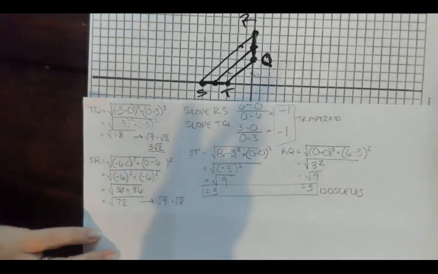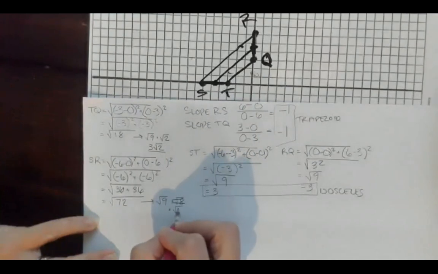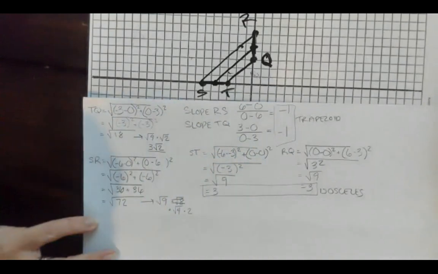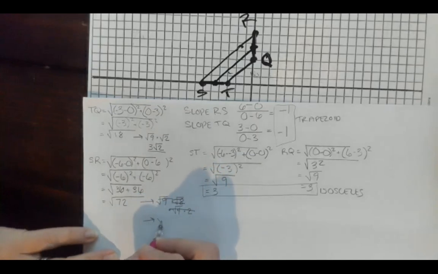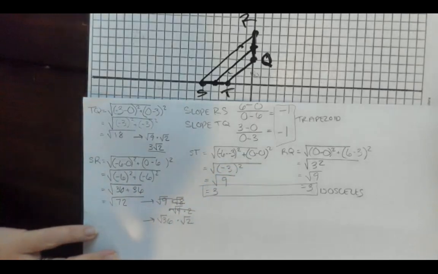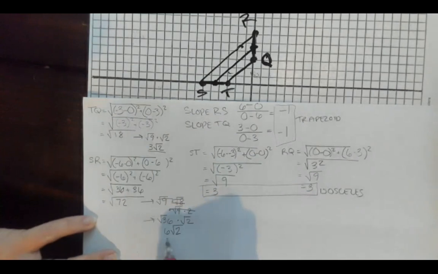We can break this up even more, right? We could say the square root of 9 times the square root of 4 times the square root of 2. If you want to go bigger, we could say the square root of 36 times the square root of 2. Then you can do it all in one step. Let's do this. So that simplifies down to 6 times the square root of 2.